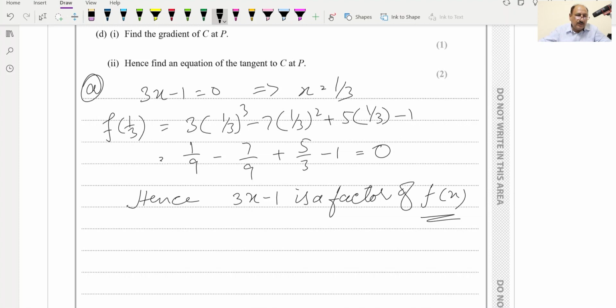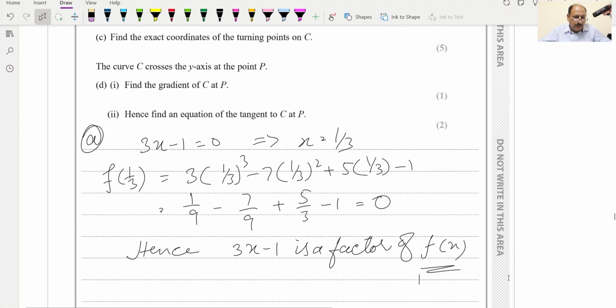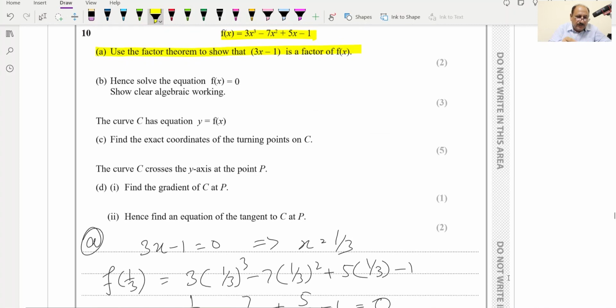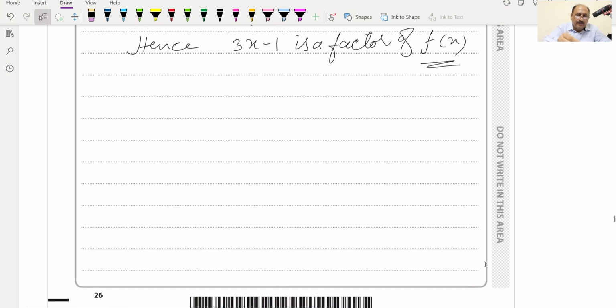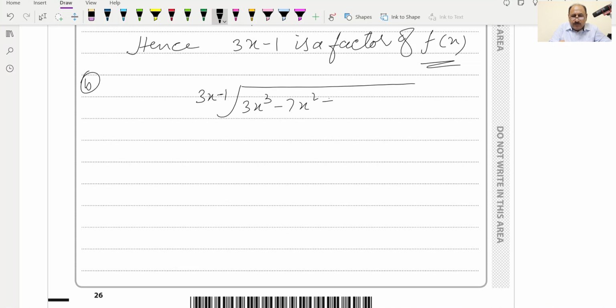Now for part b they are saying hence solve the equation f(x) = 0. Show clear algebraic working also. So for part b we can divide this. So this will be 3x − 1 into 3x³ − 7x² + 5x − 1.